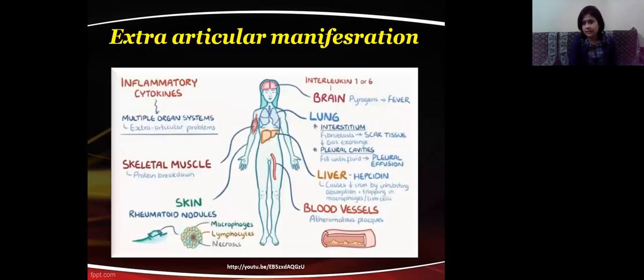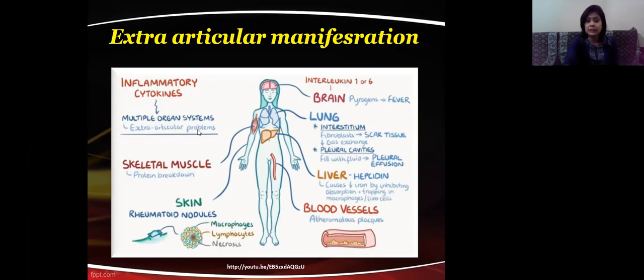these inflammatory cytokines which are present in the joint space are not restricted to this tight joint space. What happens? They will reach many organs through the circulation.